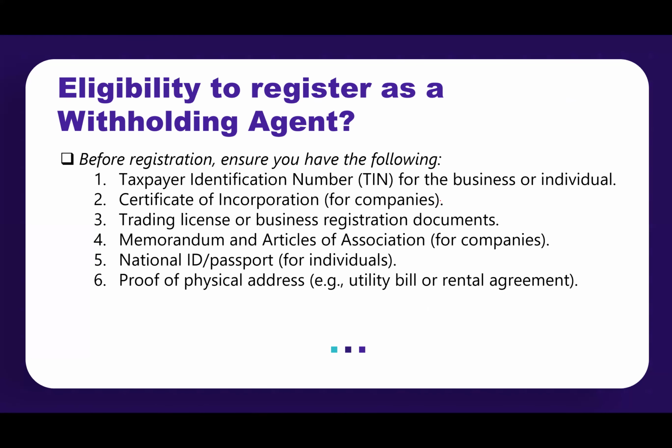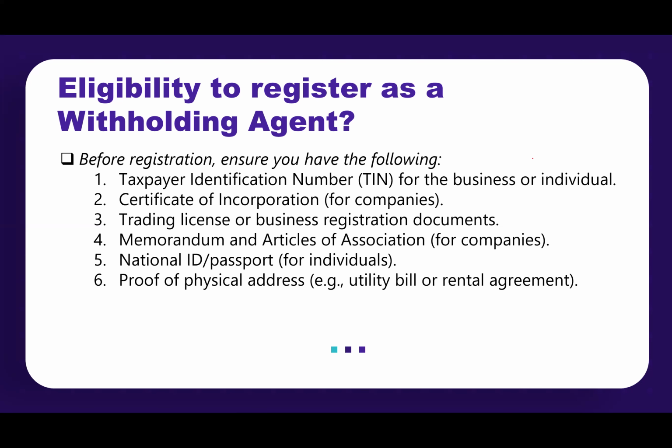Next, how can I be eligible to register? Eligibility to register as withholding agent. Clients may come to you and they want to be registered as withholding agent. There are advantages, as we are going to see. So before registration, ensure you have the following.